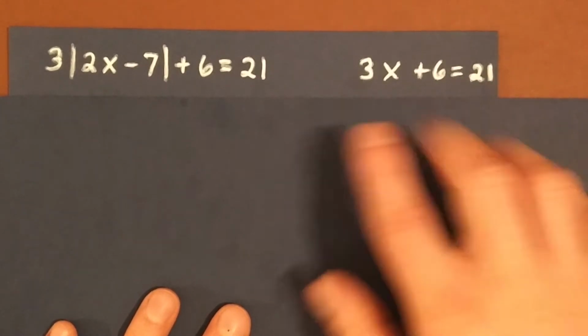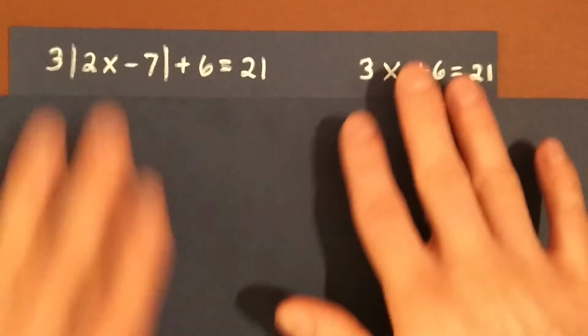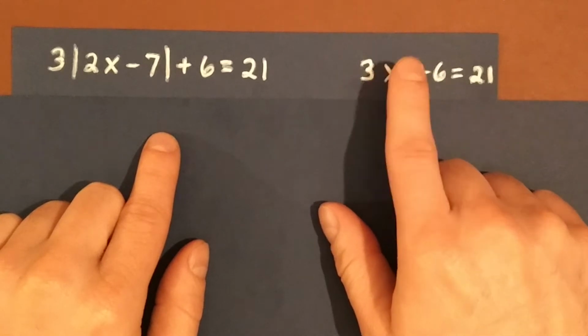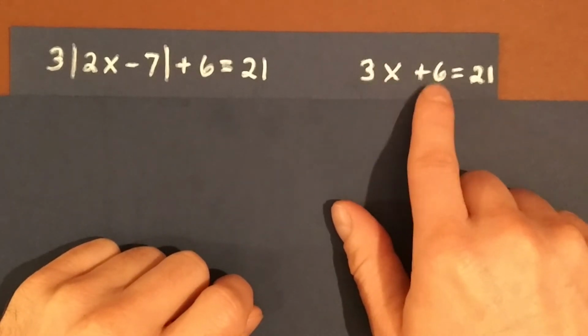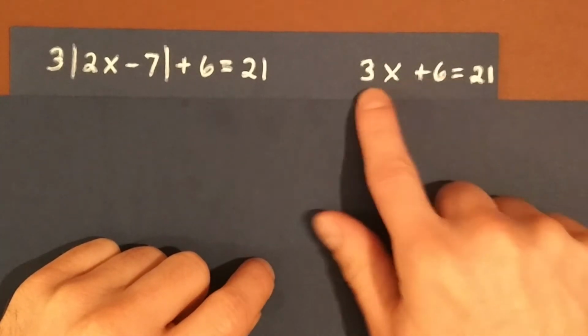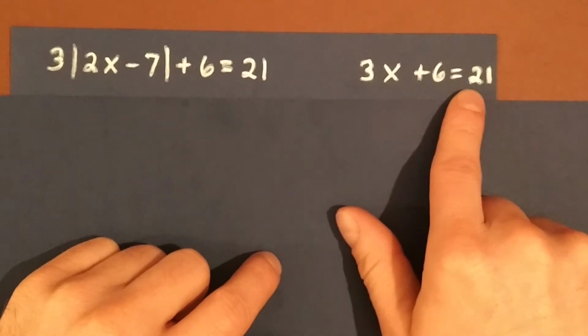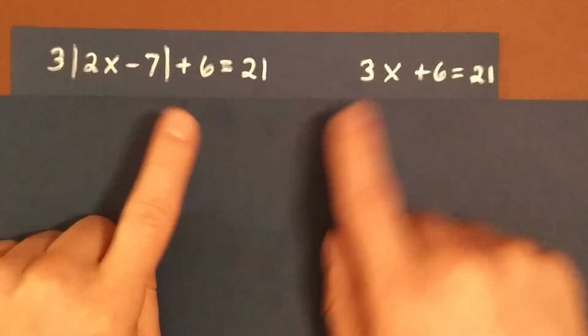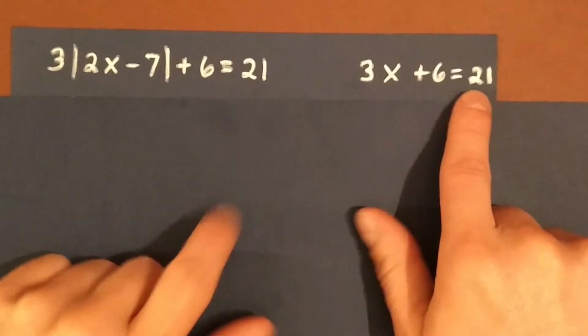And I put another equation here just to kind of parallel this one, if it helps. Here we have simply 3 times x plus 6 equals 21. And maybe you know how to solve, hopefully. If you're learning about absolute value equations, hopefully you can solve this type of equation.